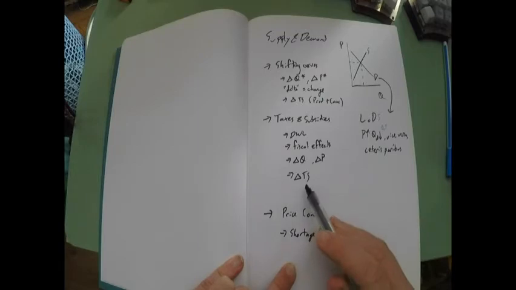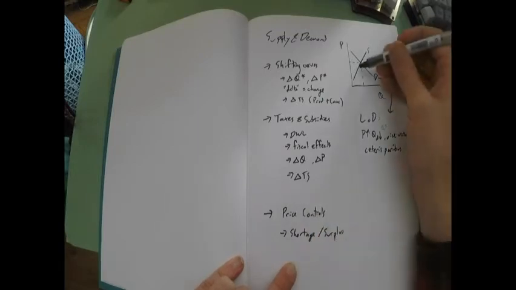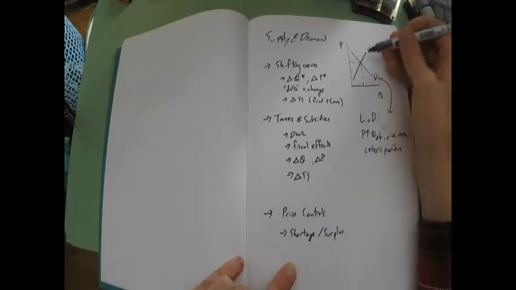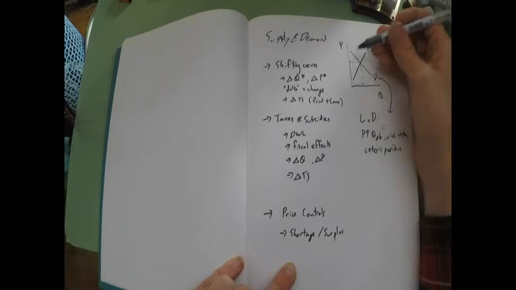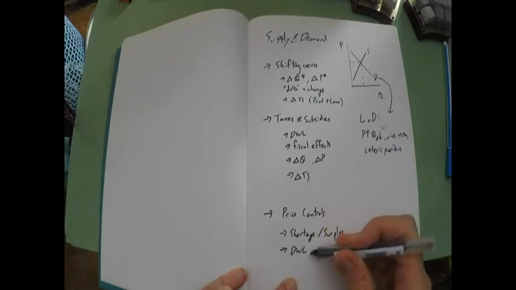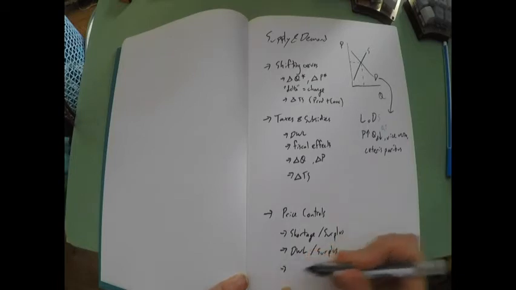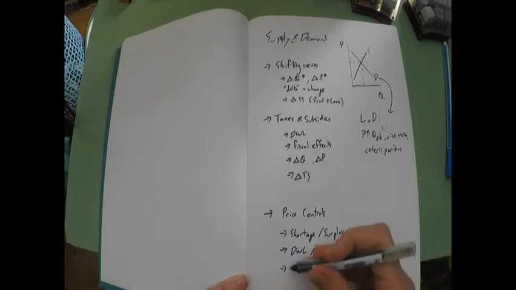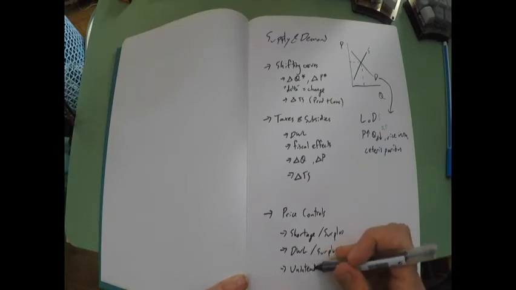Surplus not in the sense of total surplus, but surplus in the sense of, is there a greater quantity supplied than the quantity demanded at that price? Dead weight loss / surplus. And then we can also bring in unintended consequences.